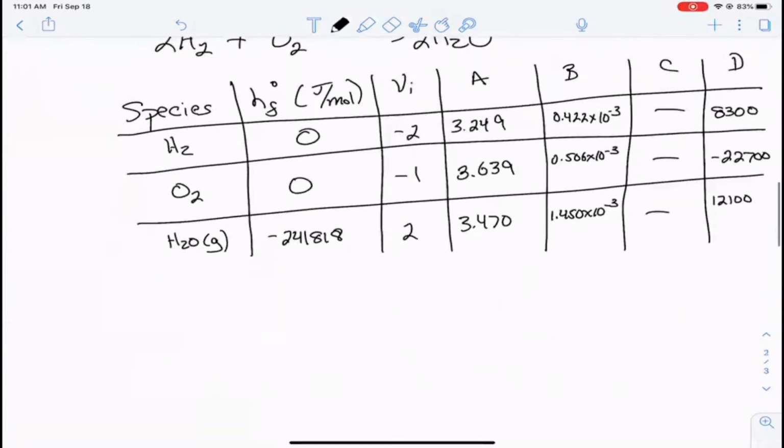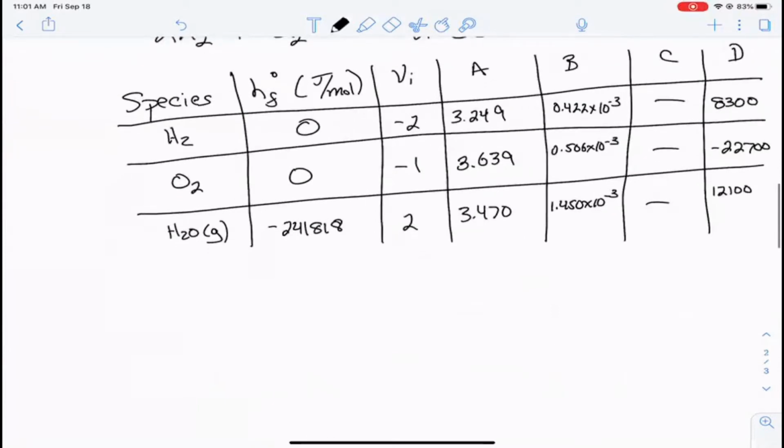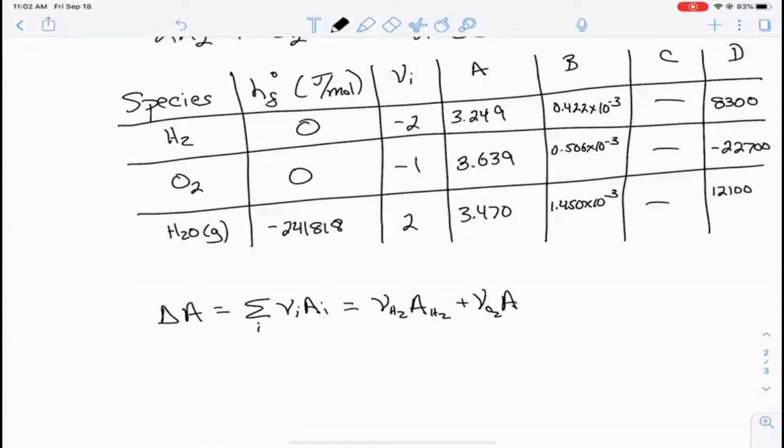So I first want to do an example where I calculate one of these delta parameters. Okay, so let's do delta A, which I said was equal to the sum of the stoichiometric coefficient times A. So then delta A in this case would be the stoichiometric coefficient for hydrogen times the value for A of hydrogen, plus the stoichiometric coefficient for oxygen times A for oxygen, plus the stoichiometric coefficient for water times A for water.